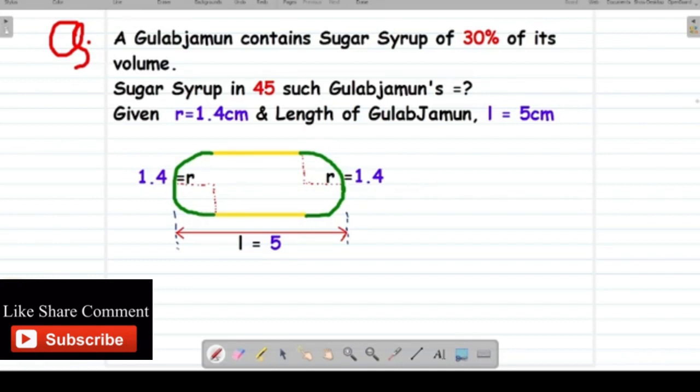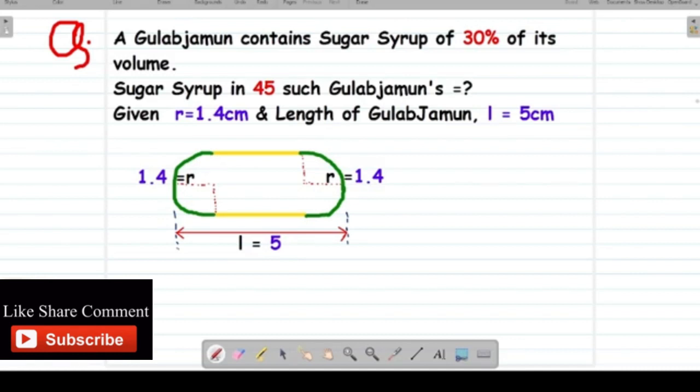This question came in a CBSE board examination. The question is clearly indicating a Gulab Jamun. This is the shape which I've already drawn on the screen. It's a Gulab Jamun whose shape is reflected below, and it contains sugar syrup of 30% of its volume.